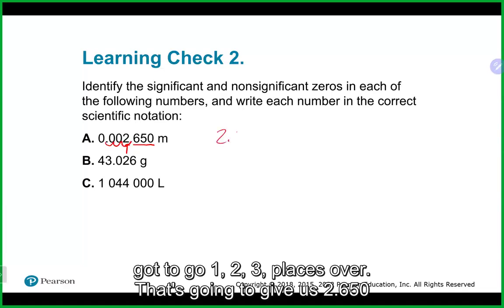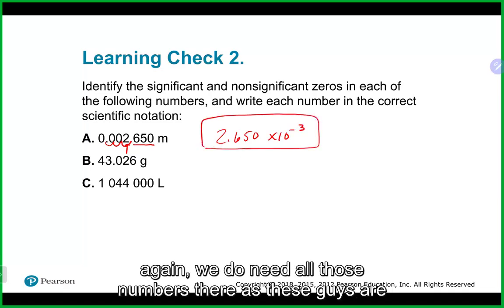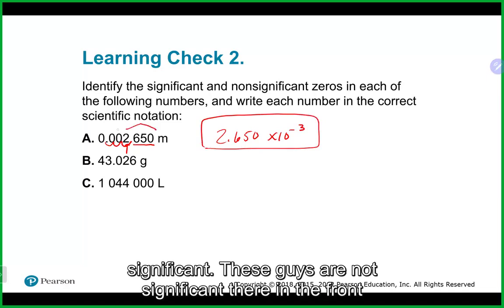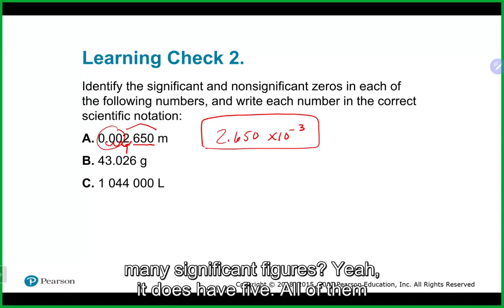That's going to give us 2.650 times 10 to the negative 3, as it's a small number, 1, 2, 3. And again, we do need all those numbers there, as these guys are significant. These guys are not significant there in the front end of it. Any questions about there?